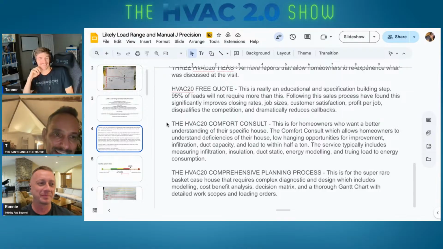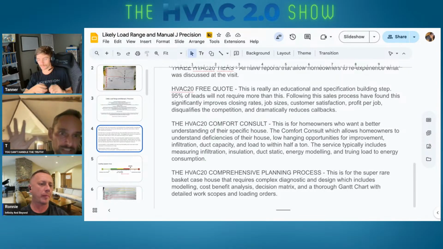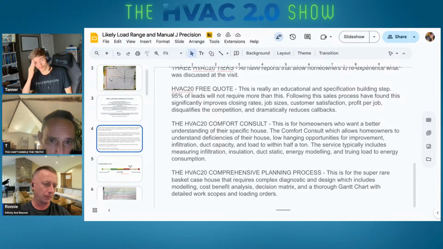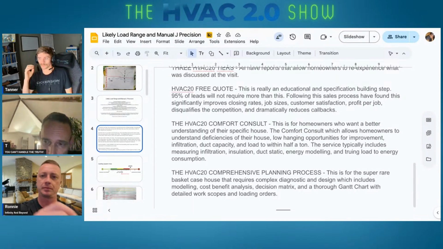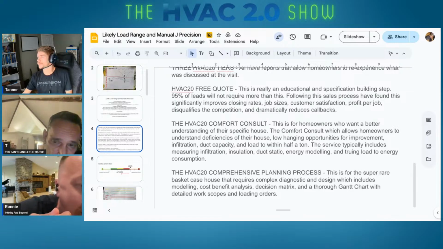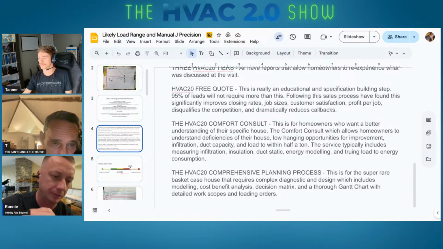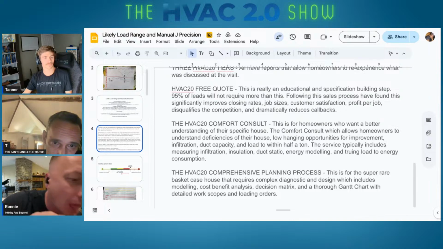So anyway, the HVAC 2.0 Comfort Consult, which is really the first product we ever productized in our software. Reedy's not here tonight, but Reedy also tracks his numbers pretty tight, and he was selling 30% Comfort Consult until we came out with a free quote.